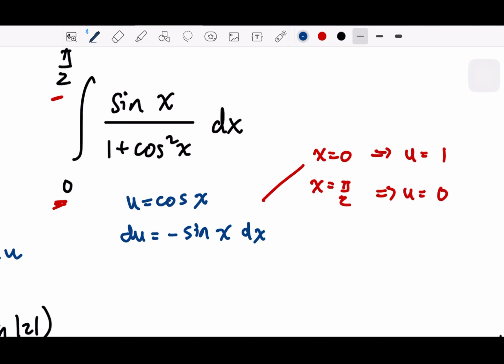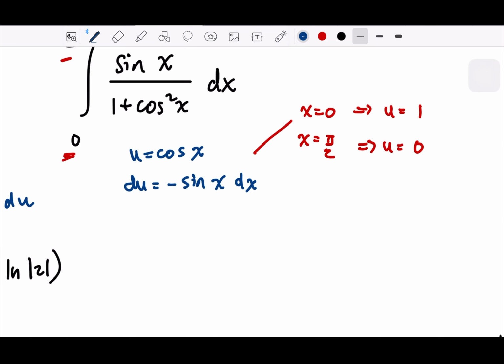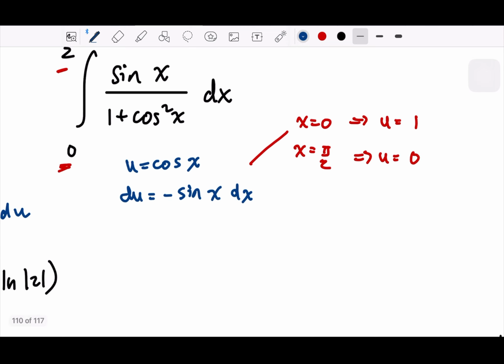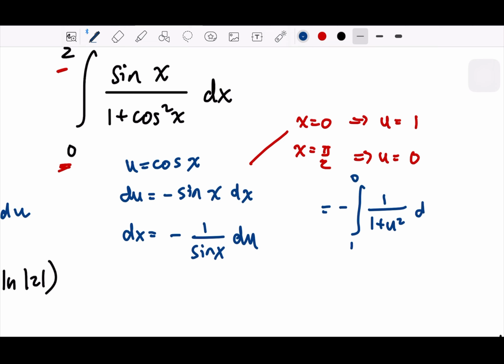From this part, dx is negative 1 over sine x du, which cancels with the sine x in the equation. So we will have a negative, from 1 to 0, of 1 over 1 plus u squared du.